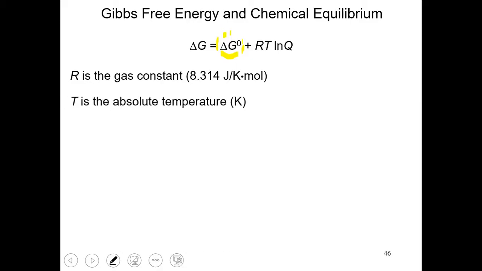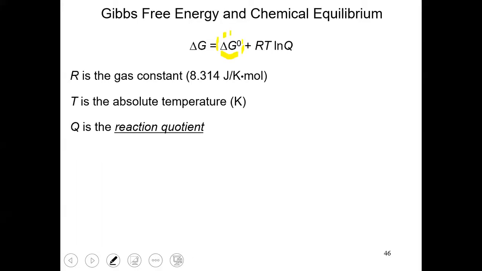So we're going to introduce a correction, another term, where R is the gas constant. But this time we're going to convert the liters atmospheres portion of it into units of energy. That's 8.314 joules. T is the absolute temperature. And remember, our good friend Q is the reaction quotient.